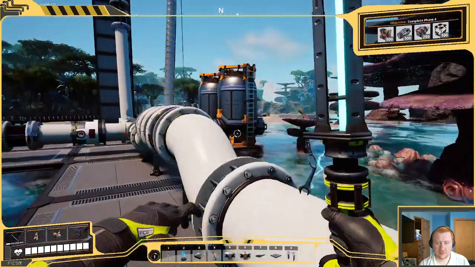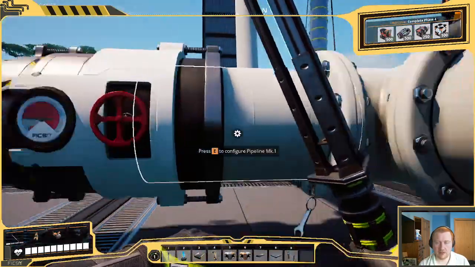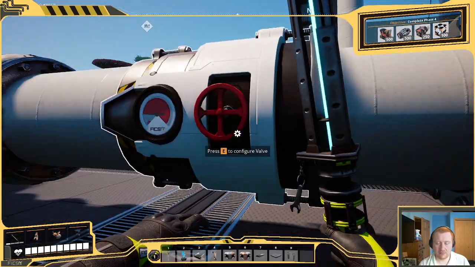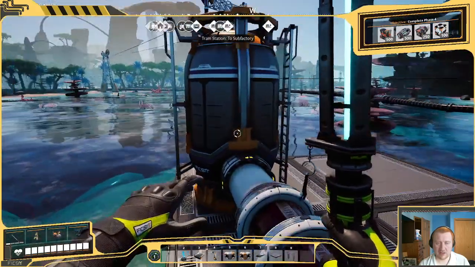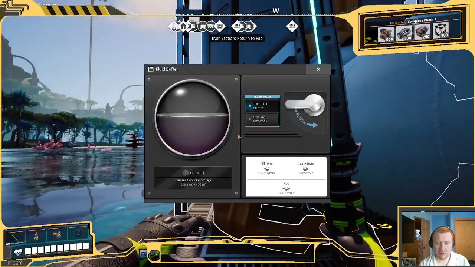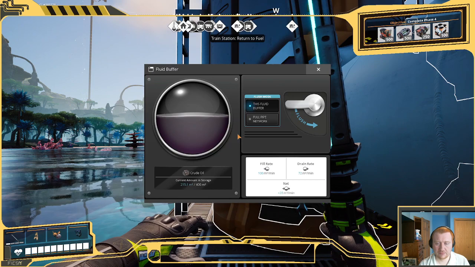So that's full. And typically that would mean that the rest of the pipe system will fill up a little bit faster too.